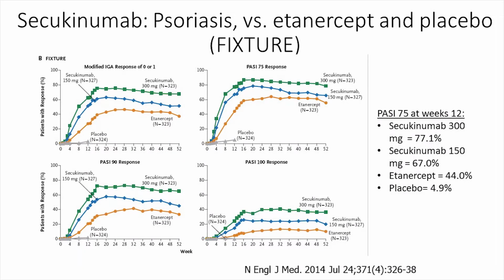We're used to looking at PASI 75 data for drugs, and what we can see here is, if we look at the PASI 75 response at week 12, which sort of tends to be the number we all think about, for the Secukinumab 300 milligram dose, it was 77.1%. For the 150 dose, it was 67%, and for etanercept, it was 44%, and placebo 4.9%.